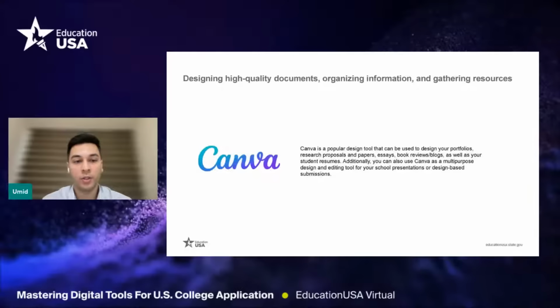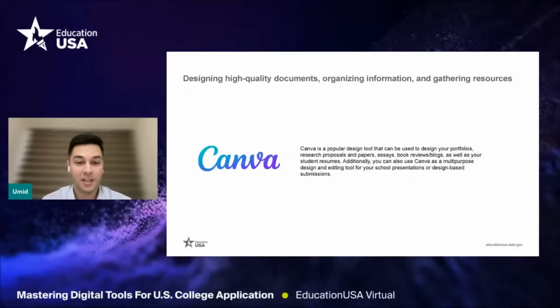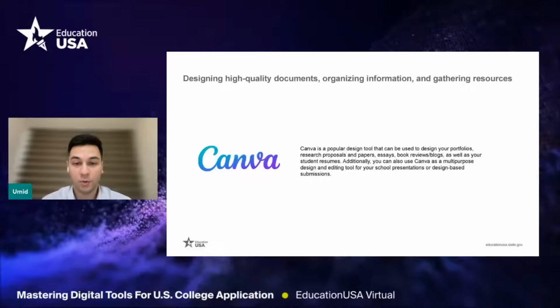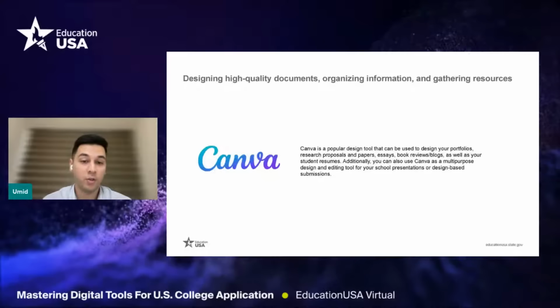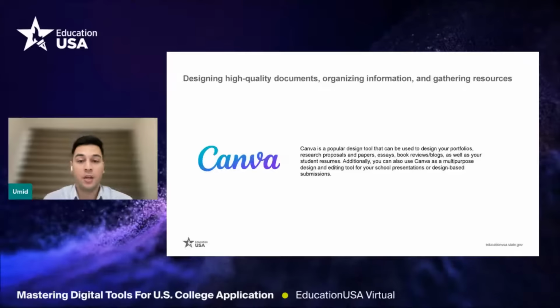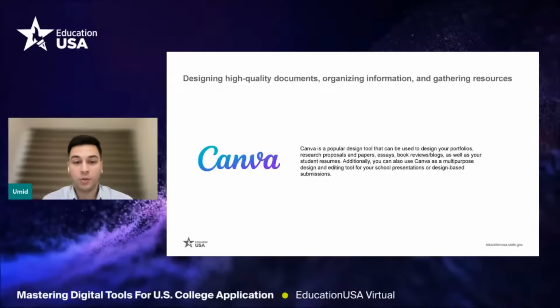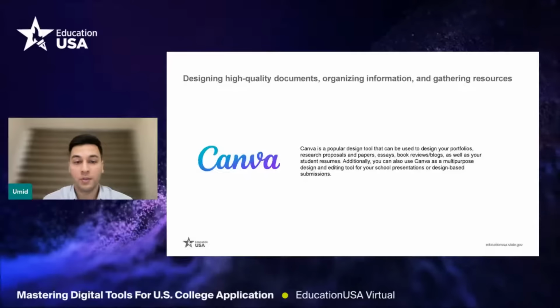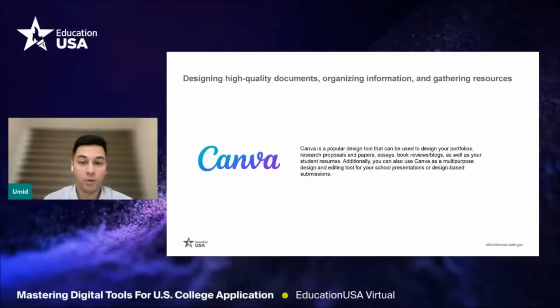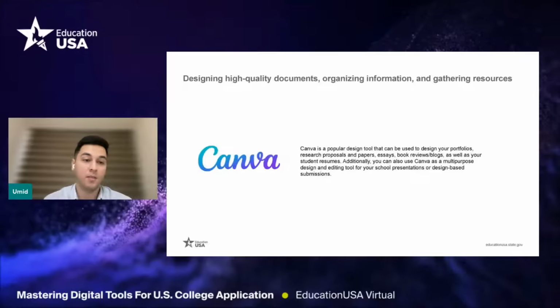One of the best tools that I myself use is Canva. Canva is a popular design tool that can be used to design your portfolios, research proposals, papers, essays, book reviews, blogs, as well as your student resumes. Additionally, you can use Canva as a multi-purpose design and editing tool for your presentations or design-based submissions.